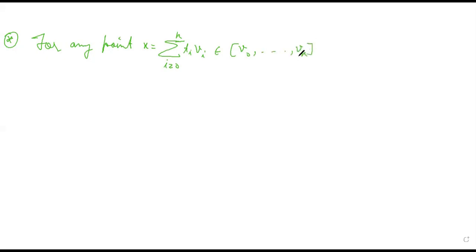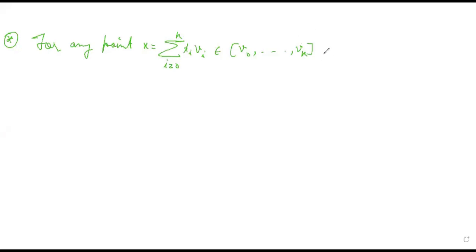Next, if we have a simplex, then for any point X we choose, of course, it will be given by this in a simplex spanned by V0, V1 up to Vk, right?